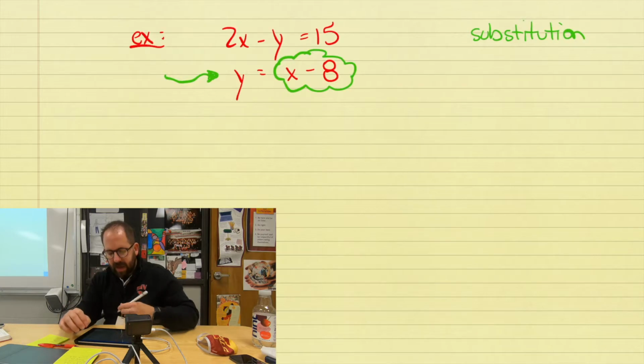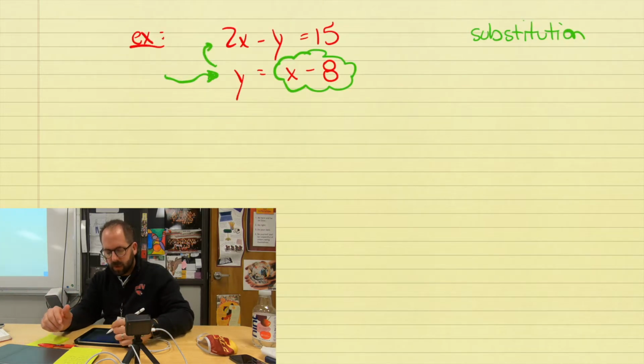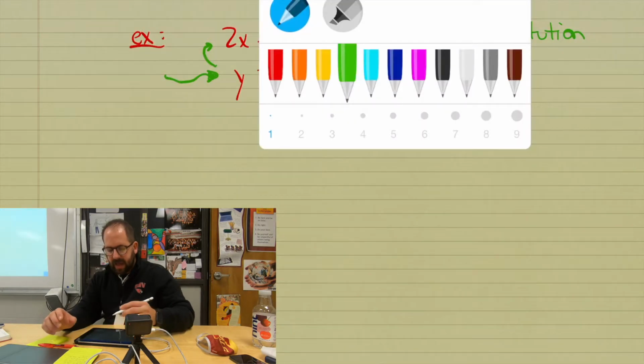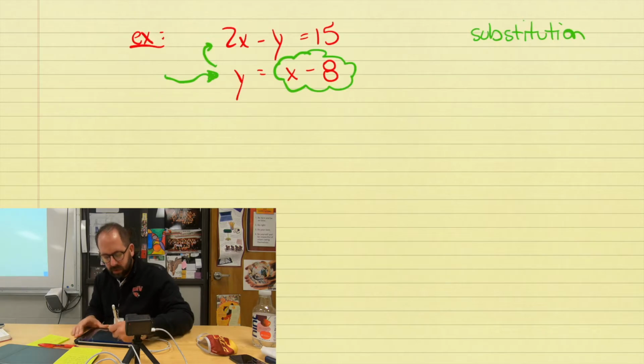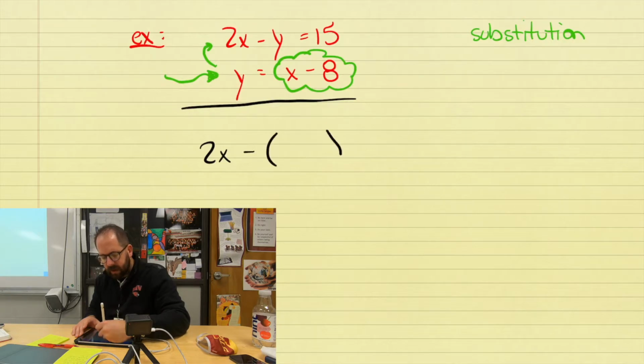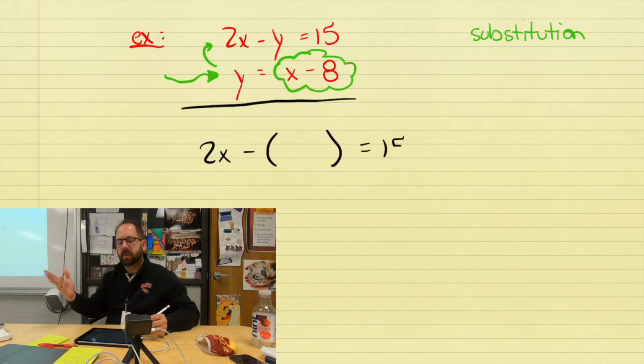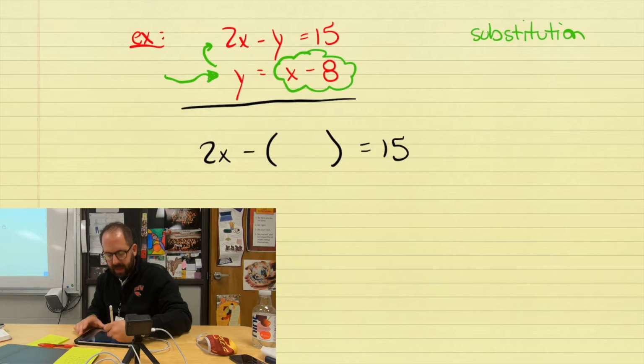I'm going to take that and plug it into the other equation for the letter it's supposed to be equal to. So I'm taking that second equation, the x minus 8, and plugging it in for the y in the top one. So here's the top equation. I'm going to take out the letter y, wherever it's at, and replace it, because y is the letter that was by itself. So I'm plugging the x minus 8 in.